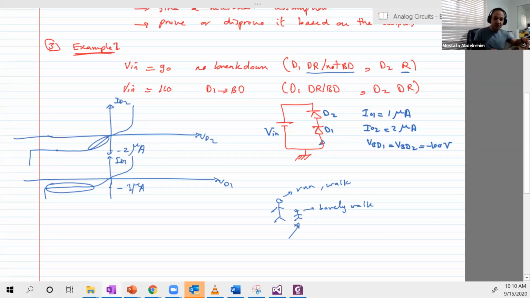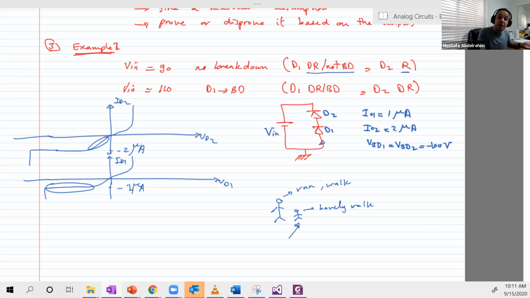So the two currents here: D2 can have up to minus 2 microamps, D1 can only have up to minus 1 microamp. So D2 must comply to the conditions of D1. He can have minus 1 microamp, but D2 cannot have minus 2 microamps.